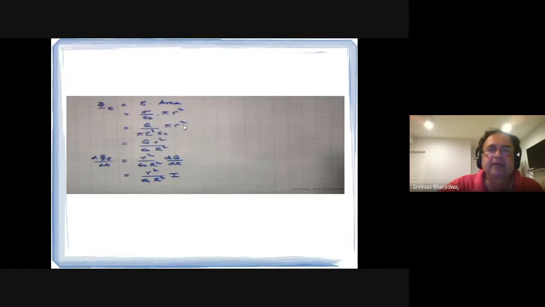Inside, let's say if it was uniformly carrying Q, then you will find that correspondingly, what he's saying, d phi by dt is this. It's proportional to r square, he's saying.